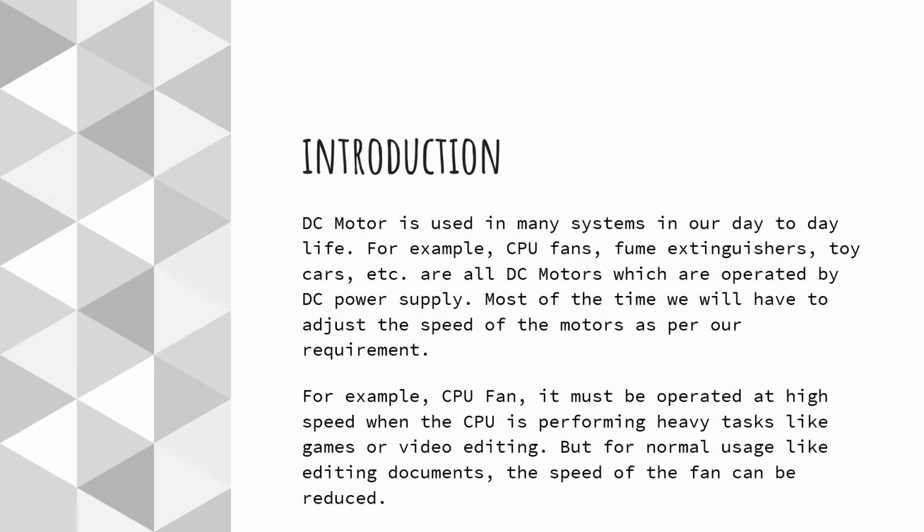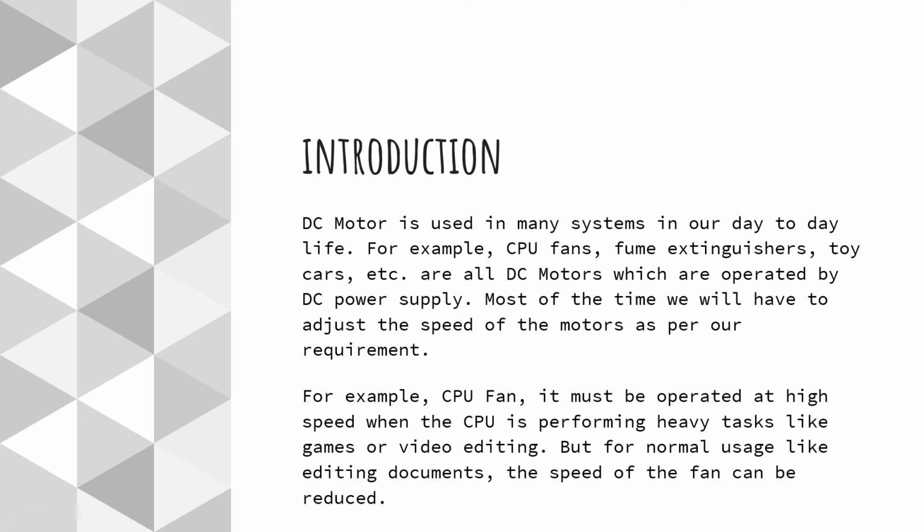Introduction. DC motors are used in many systems in our day-to-day life. For example, CPU fans, fume extinguishers, toy cars, etc. are all DC motors which are operated by a DC power supply. Most of the time, we will have to adjust the speed of the motors as per our requirement.